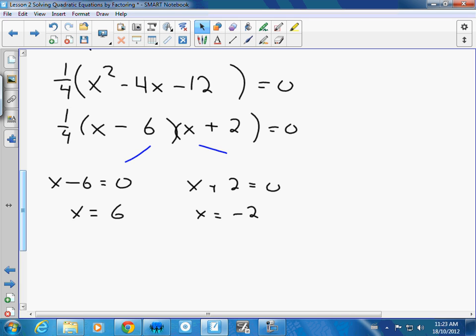The next one is kind of neat. The next one is actually really kind of interesting because you should recognize the style of this question from grade 10. So let me write it down and let's see if you get it.